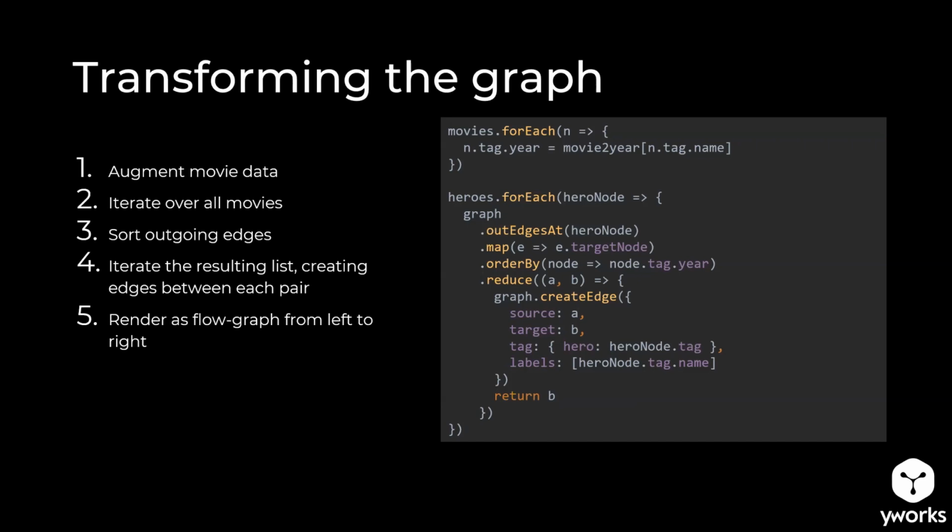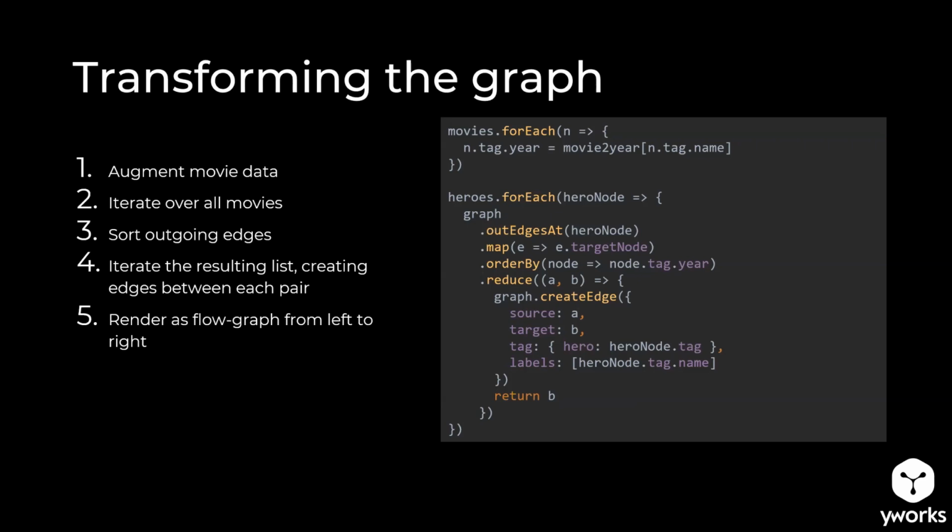Looking at the code, the transformation is actually a very simple piece of code. So we iterate over all the hero nodes, and then we query the graph for the outgoing edges at each hero node. And from each edge, we map to the target node of the edge, thus creating a list of all the movies that a hero appears in.